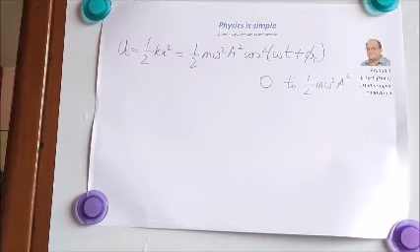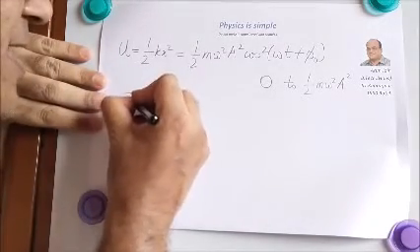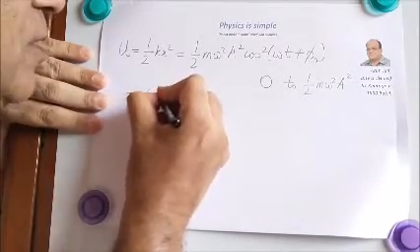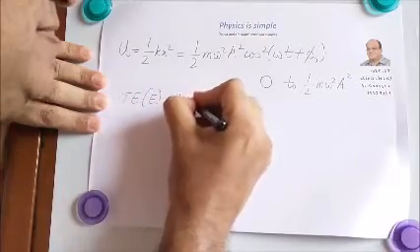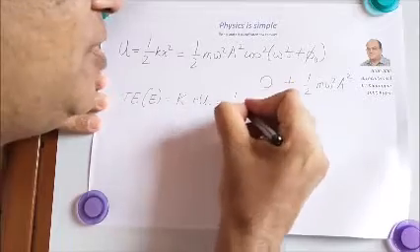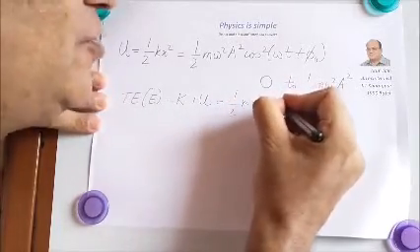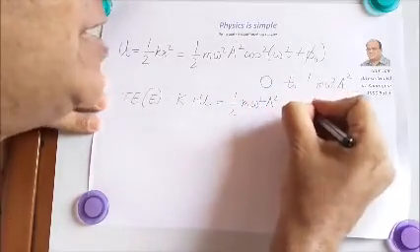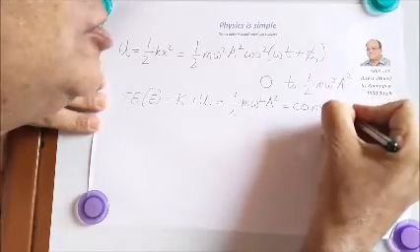Now if you look at total energy, it is K plus U, and this will turn out to be a constant, half m omega square a square. So total energy in SHM is constant.